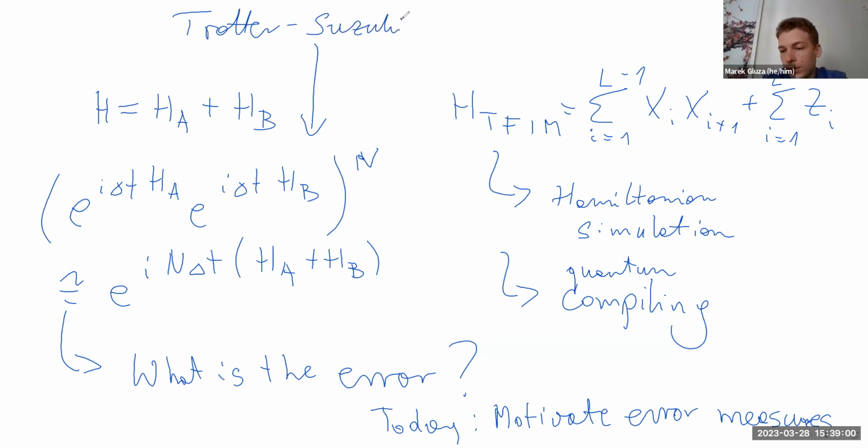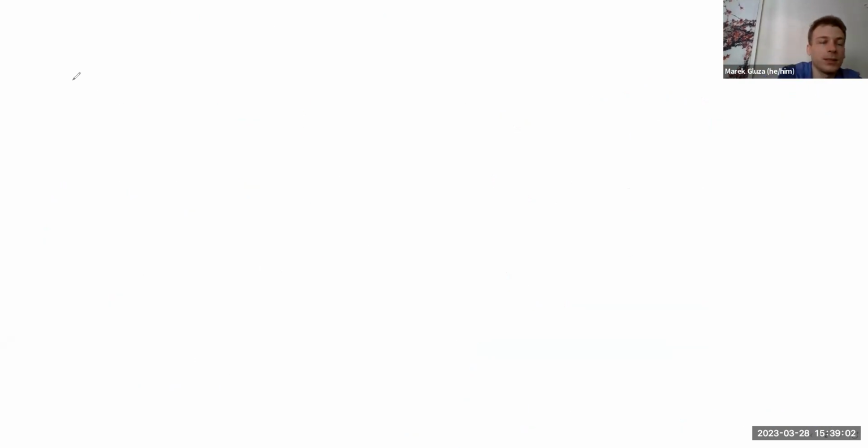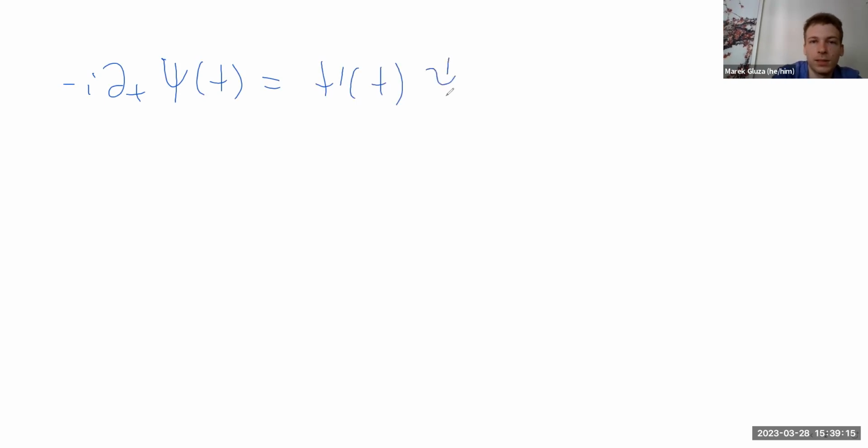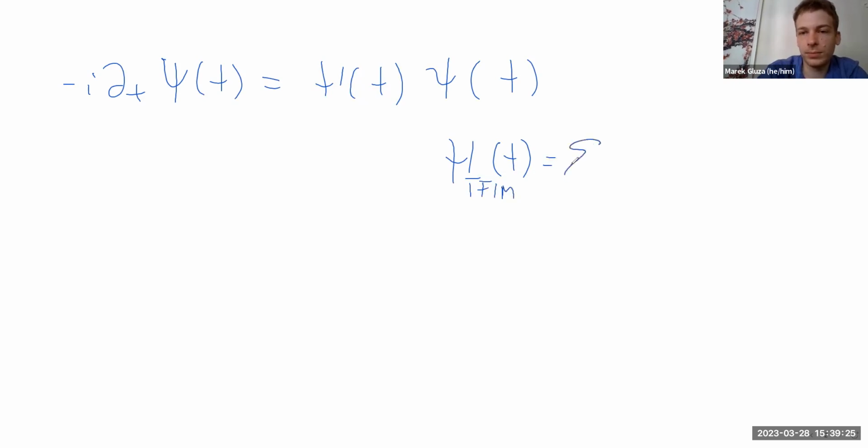And we can use it for something more advanced. So let's say we have a Schrödinger equation. So let me put maybe with a minus here, i d/dt psi of t equals H of t psi of t. So I could consider some time-dependent Hamiltonian, and that time-dependent Hamiltonian could be a driven Ising model, for example.